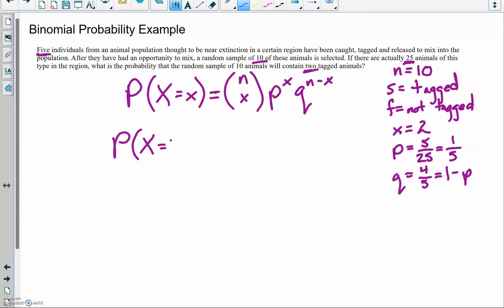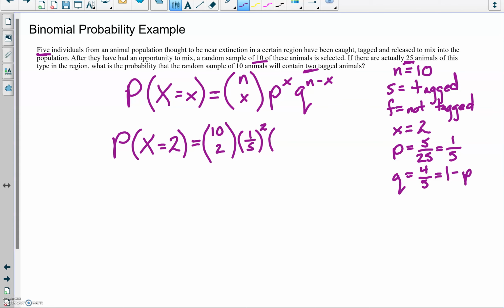So the probability of x, the number of tagged animals out of the 10 is equal to 2, would be equal to 10 choose 2 times 1 over 5, probability of successfully being tagged in this particular scenario, raised to the second power.